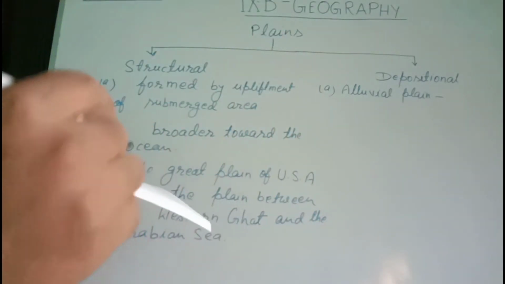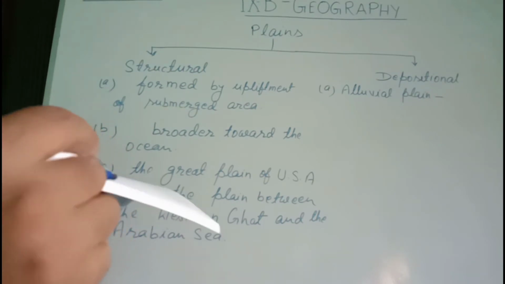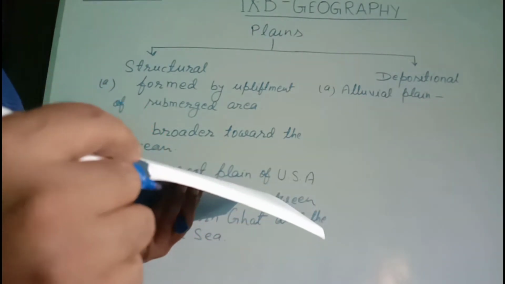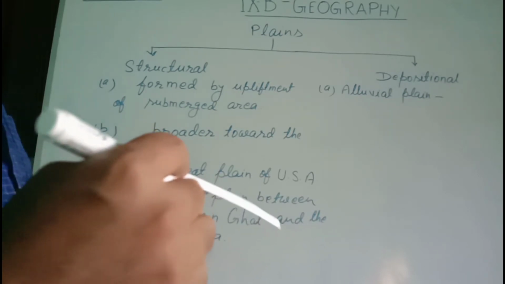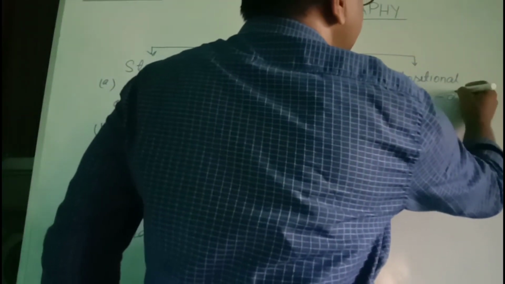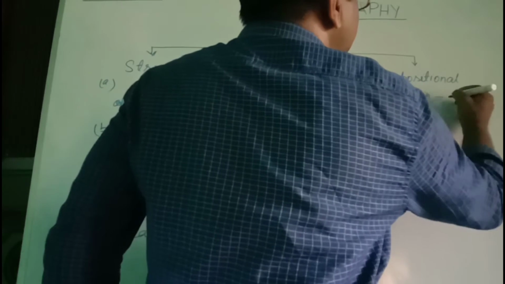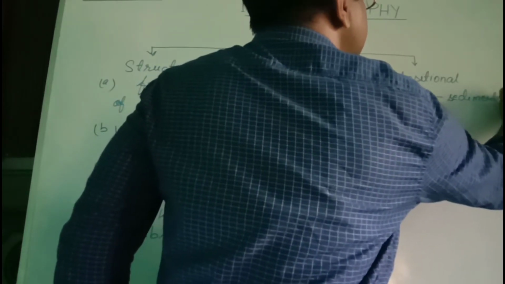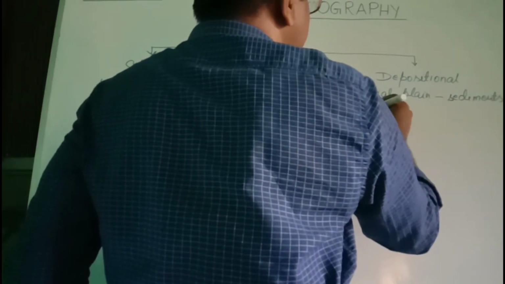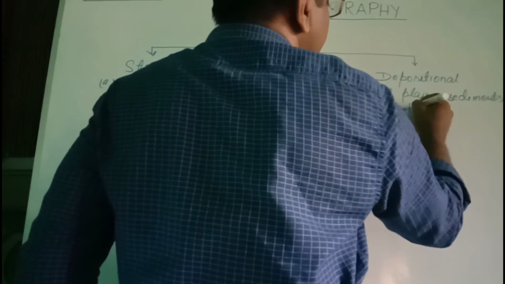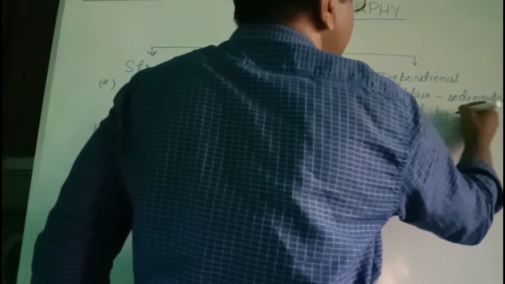So we say in the formation of alluvial plain, the sediments brought by the rivers play very important role. So for that we write the name of the agent. Sediments are deposited by the rivers.